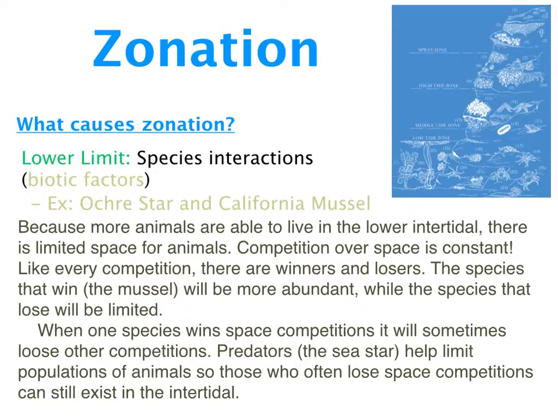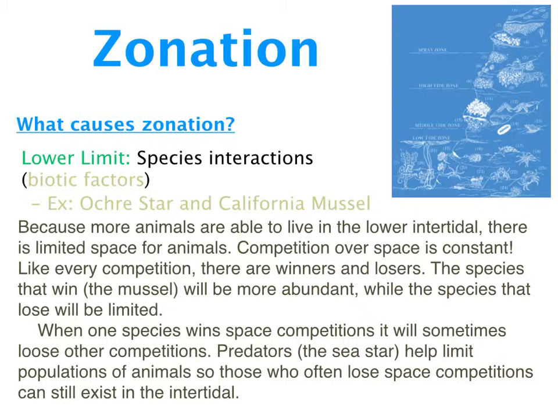The existence of species in the lower intertidal is limited by species interactions, or biotic factors. Because more species are able to live in the lower intertidal, there is limited space for animals. Competition over space is constant. Like every competition, there are winners and there are losers.